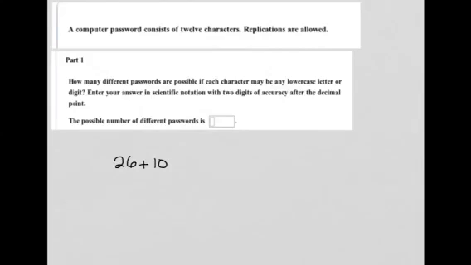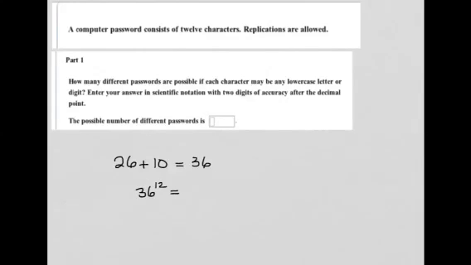So always keep that in mind. A lot of times people will think 9 digits because 1 through 9, and they forget about 0. So 26 plus 10 gives me 36, and since there are 12 characters and repetitions are allowed, or replications, then we're going to take the 36 and raise it to the power of 12.